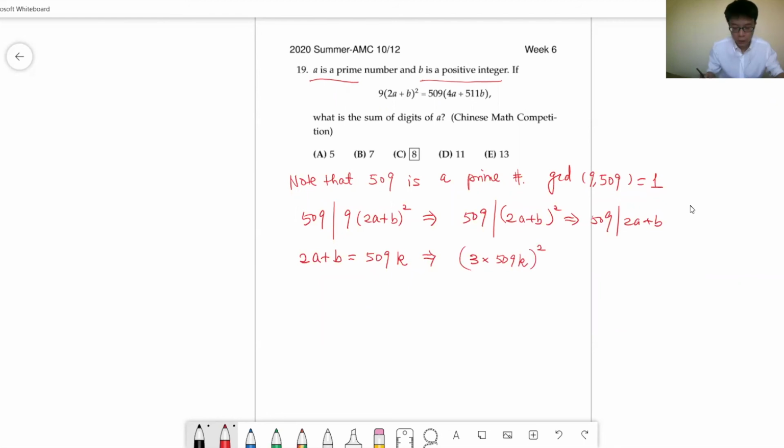This is the left hand side. This equals 509 times (4a plus 511b). On the left hand side, we have 509 squared. On the right hand side, we just have 509. So there must be another 509. So we have that 509 also divides 4a plus 511b.